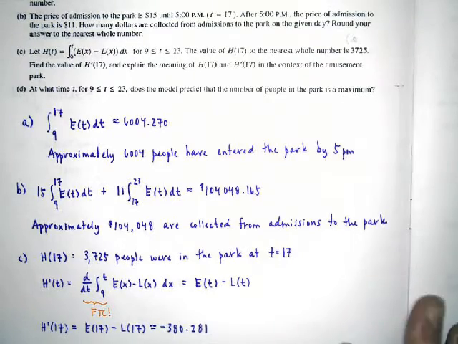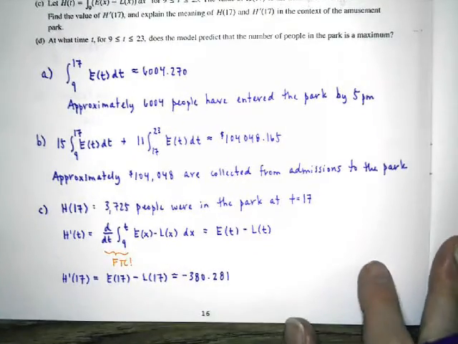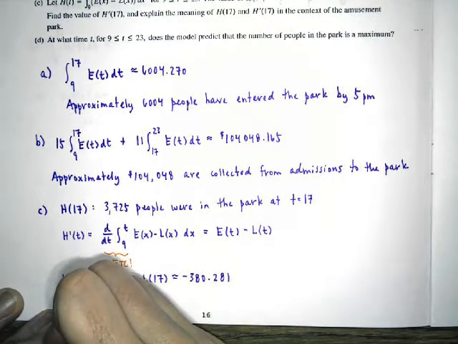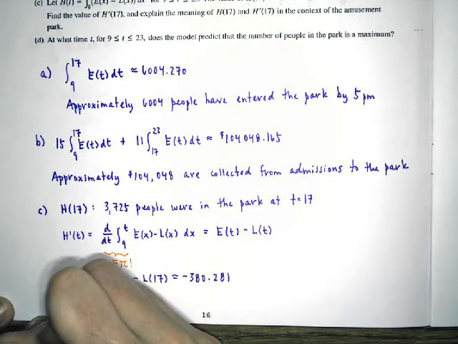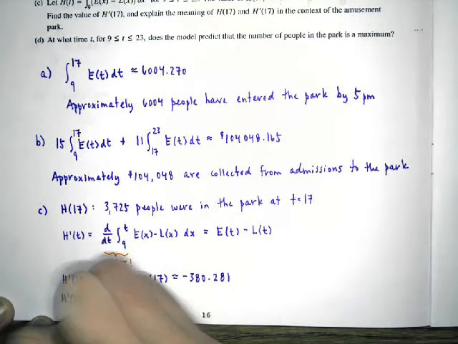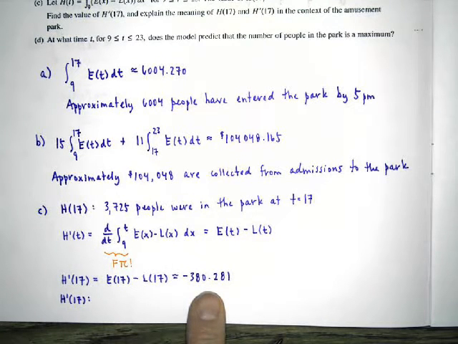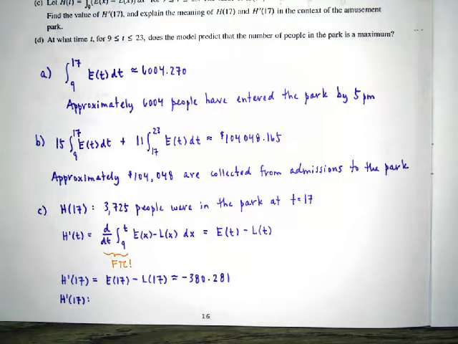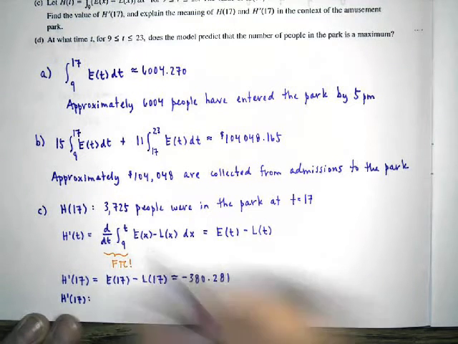Okay, so now I have to explain the meaning of that. What that is telling me is that the number of people in the park is decreasing at a rate of 380 people per hour at time t equals 17. So this is telling me about the rate at which people are in the park.